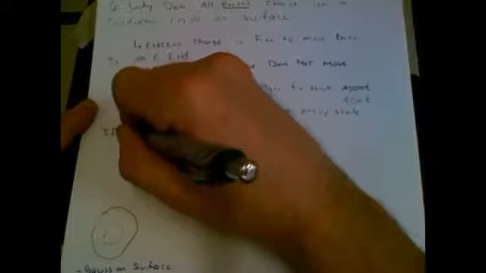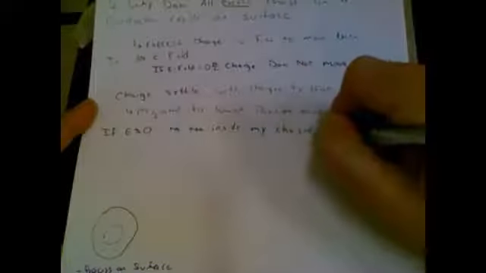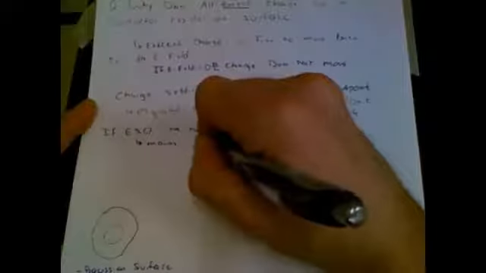All right, so how are we going to connect all of this? Well, let's take the opposite. Let's say there was an electric field. If the electric field did not equal 0 inside my charged conductor, that would yield moving charge. And what would that mean?